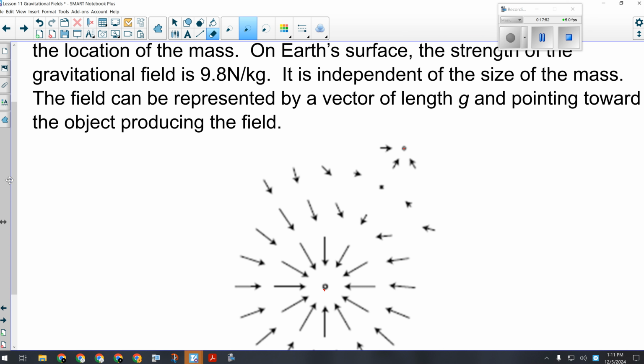So if you're sending a spacecraft to the moon, is this a point you need to know the location of? Yeah. You don't want to be accelerating towards the moon when you cross that point, because what will happen? Not only are you going to have the force of your spacecraft pushing you away from Earth, but now you're going to have the force of the moon sucking you in as well.